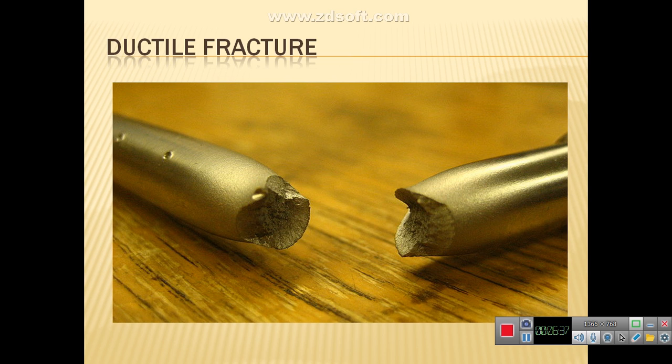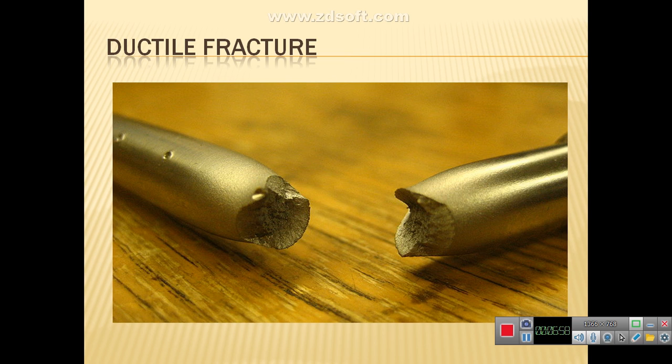Next, crack propagation starts. During that there will be cavity formation. The cavity formation will result in the fracture. This usually occurs as the actual fracture.